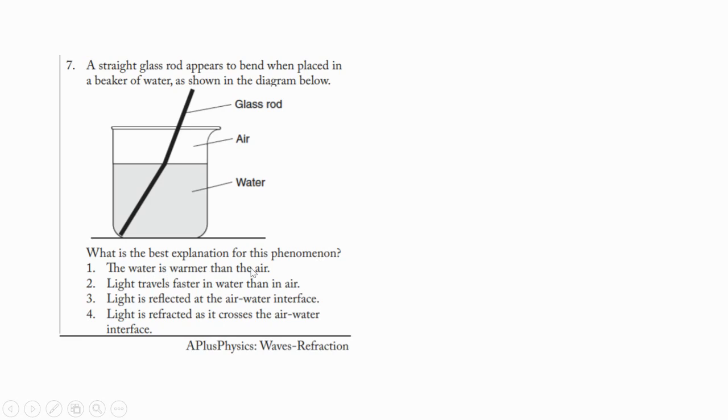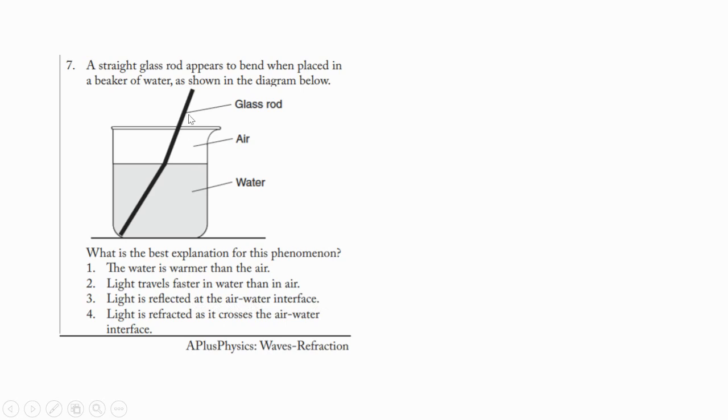The water is warmer than the air. Light travels faster in water than in air. I don't think so, because here water is denser than air, so light will travel slower in water than in air. Light is reflected at the air-water interface.